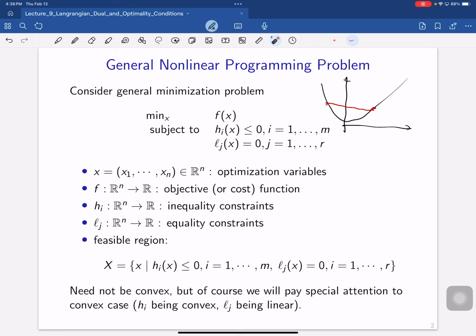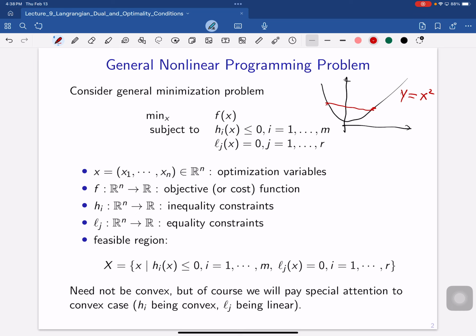The reason is, just to give you a geometric view, if you have a nonlinear equality constraint, let's say y equals x squared, that means x and y have to lie on this curve. The curve is described by a nonlinear equation.